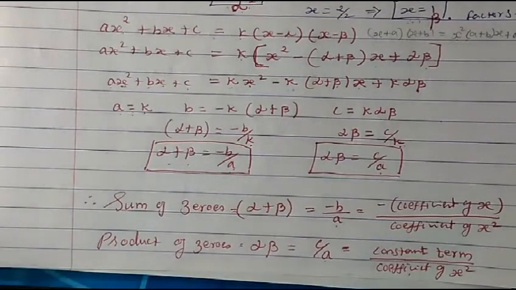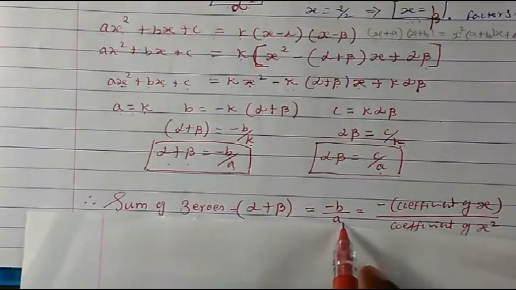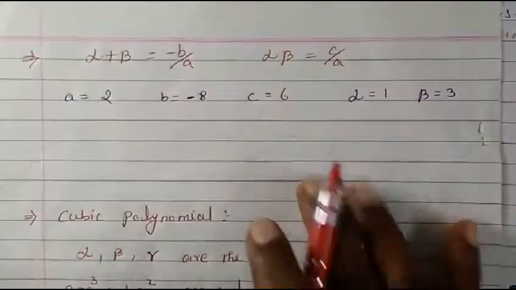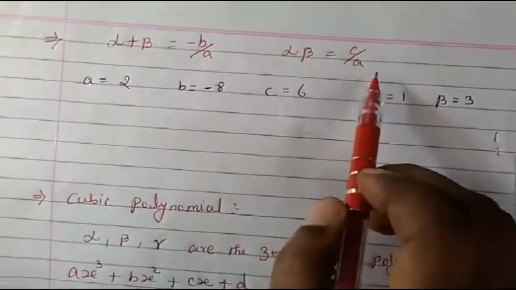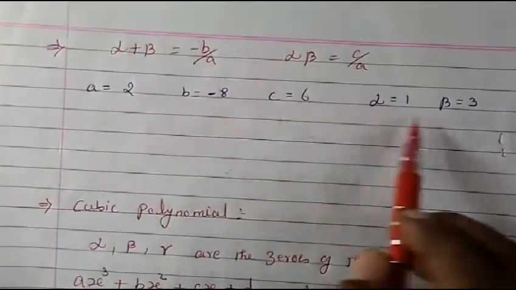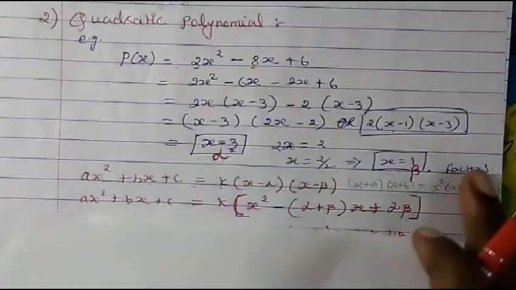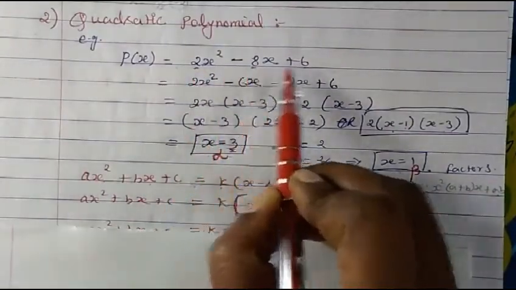We have seen here, I have just written down the sum of zeros equal to minus b upon a, and the product of zeros is c upon a. Now let's see what the relationship is. All the values of a, b, c I have written here. We had factorized this, so this is a, this is b, and this is c.